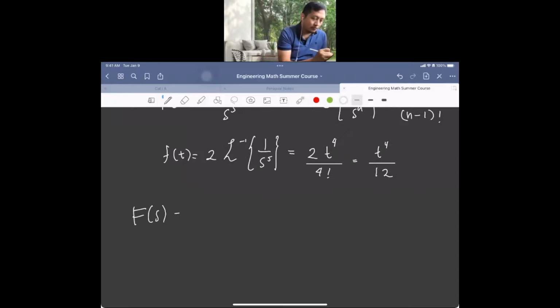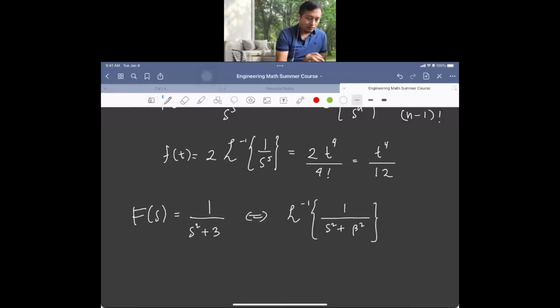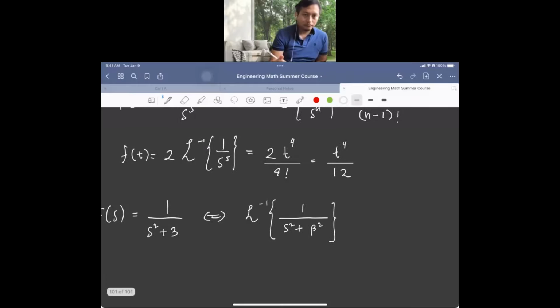Now if we have 1 over s squared plus 3, what is it? If we take the Laplace inverse, remember the sine beta t divided by beta.